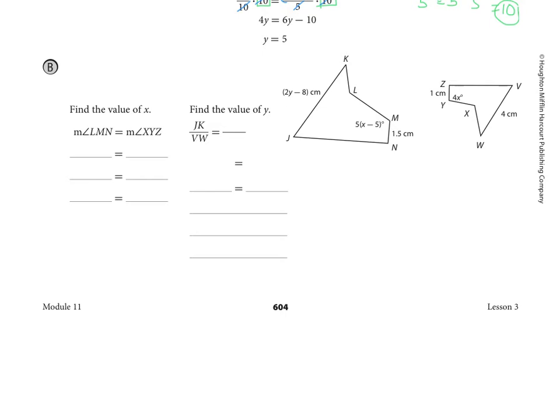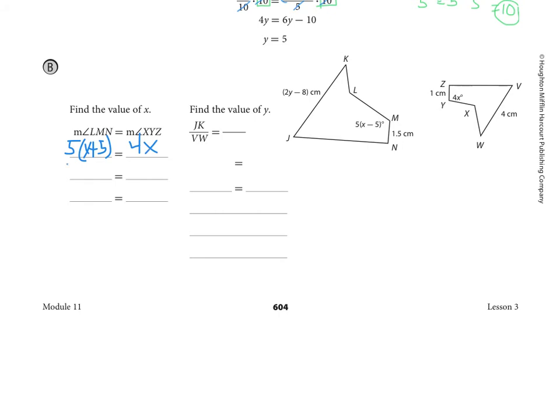So first of all, if we look at the diagram, we can see that x is within angle M, here 5x plus 5 degrees, and M is corresponding to angle Y over here, which is 4x degrees. So we can go ahead and write that in. The measure of angle LMN is 5 times x plus 5, and that is going to correspond to 4x.